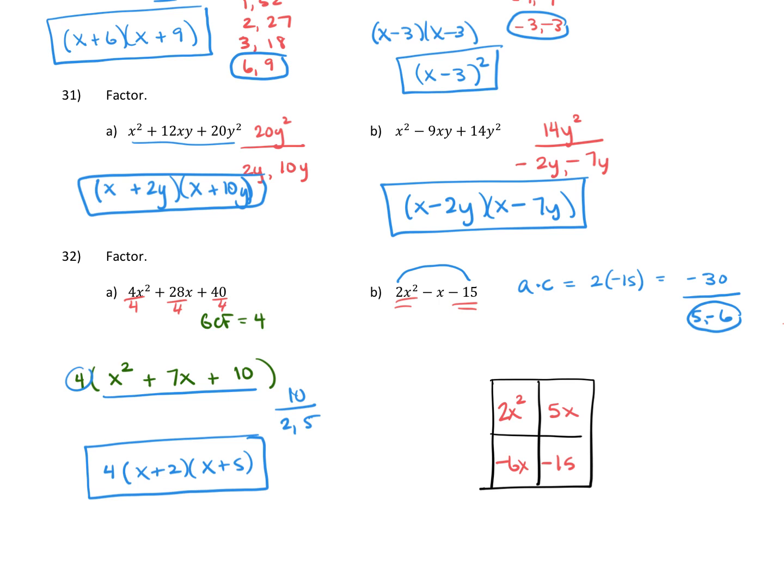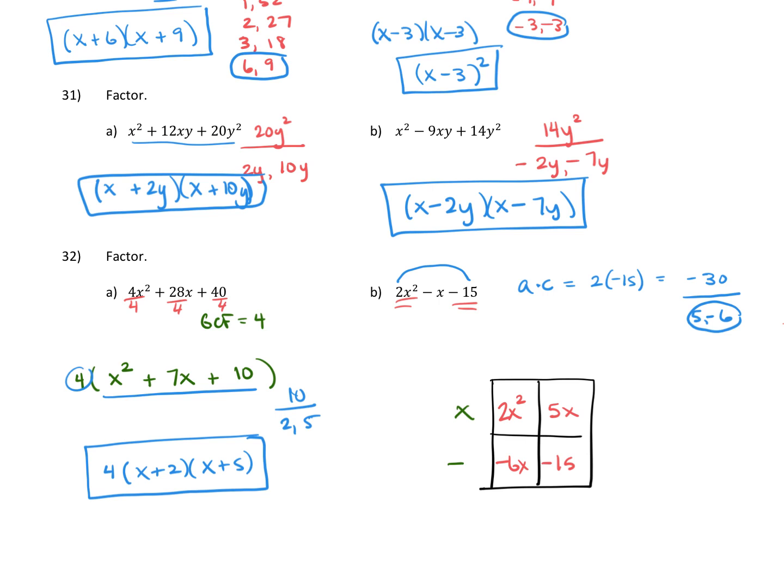All right, so now all we do is we factor out GCFs from each row. So what can we pull out of this top row? 2x squared and 5x have an x in common, so we're going to pull that out to the side. Negative 6x, negative 15. General rule of thumb, if both of these are negative, let's pull out a negative factor. And then what fits into a negative 6 and negative 15?